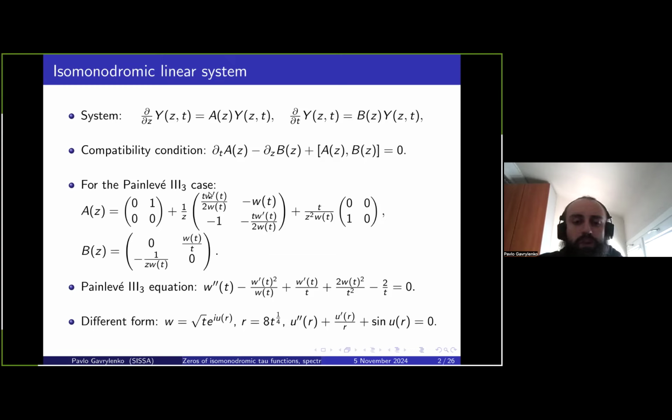So in principle, we could put some p on the diagonal and then solve this compatibility condition. But this will tell that p equals the logarithmic derivative of w, basically.